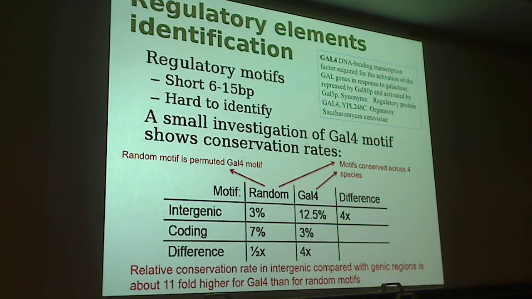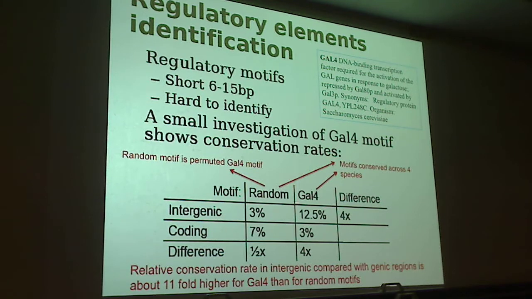Then they said, you know what, let's check this randomness idea. We'll take the GAL4 motif, but we'll randomize it. We'll shuffle the motif, and then look, and then do the same statistics. That is then what you see if you randomize such a motif, and you see that it's quite different. Even more of that happens in the coding region.